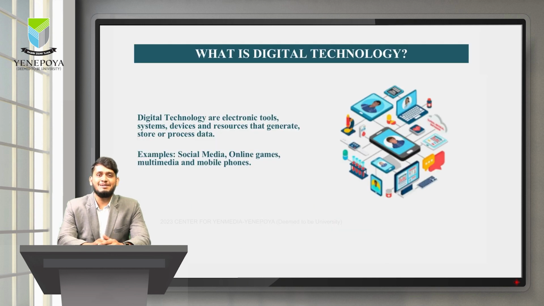What is digital technology? Digital technology is electronic tools, systems, devices and resources that generate, store or process data.